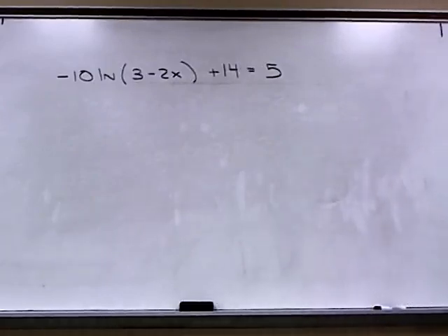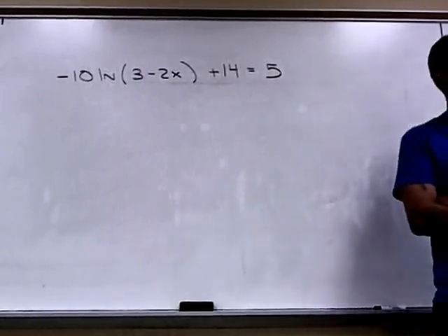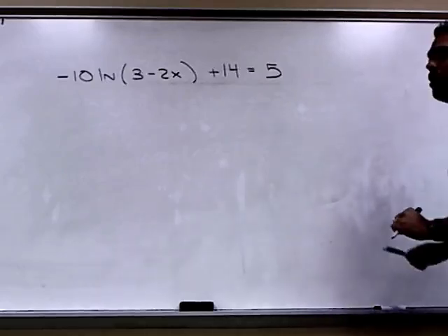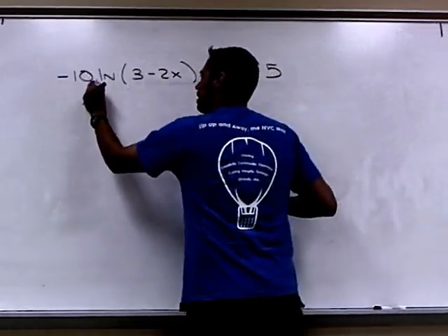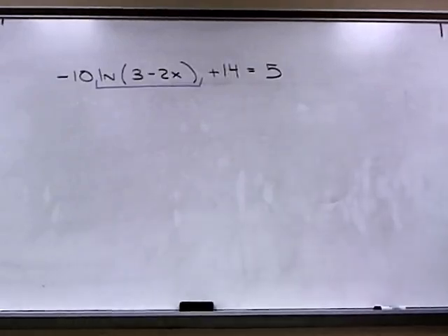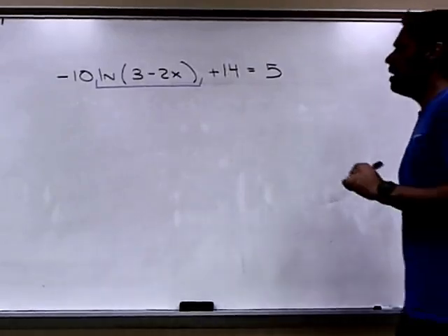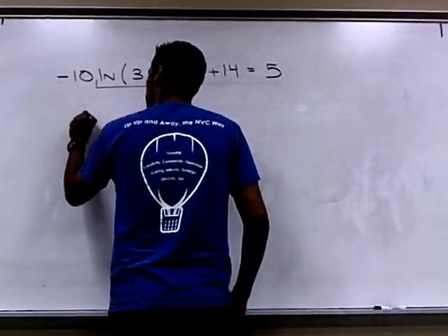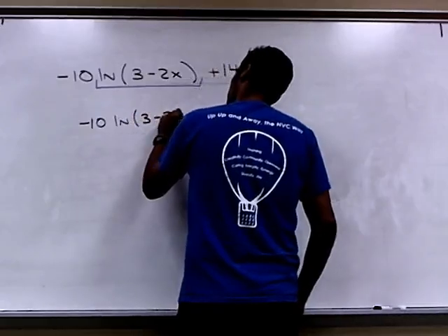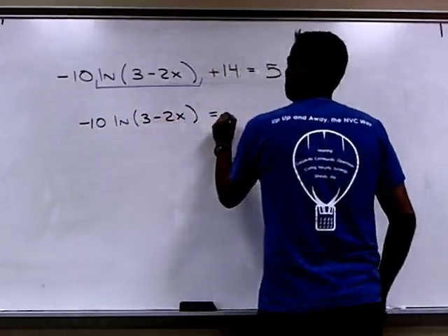Okay, so we have a log equation. The x is trapped inside the log. I'm going to have to get it out of there. In order to do that, at some point I'm going to have to do that loop, possibly. But before I can do that, I have to isolate the log. That means I have to isolate this part. I will not want that negative 10 over there. So let me go ahead and subtract 14. When I subtract 14, I get negative 9.